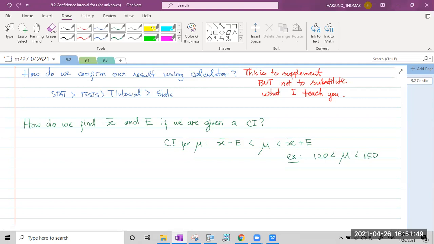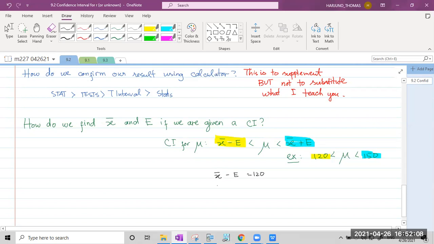Now this 120 represents the lower bound and 150 represents the upper bound. Right? Let's write them out first. So best point estimate minus margin of error is 120. Best point estimate plus margin of error is 150.